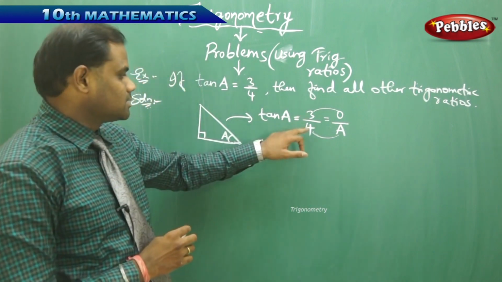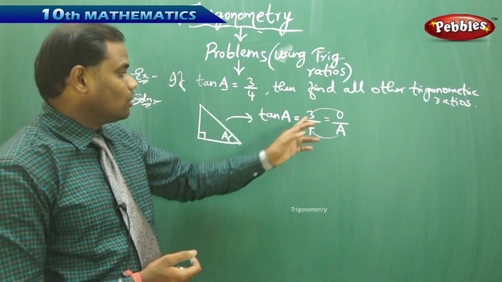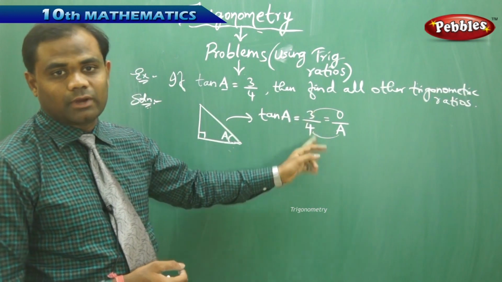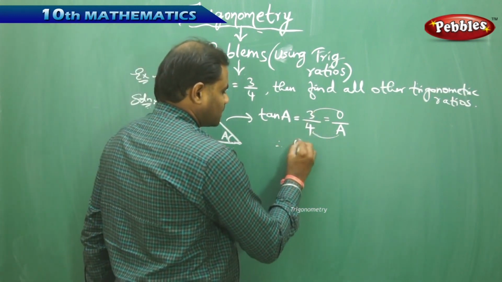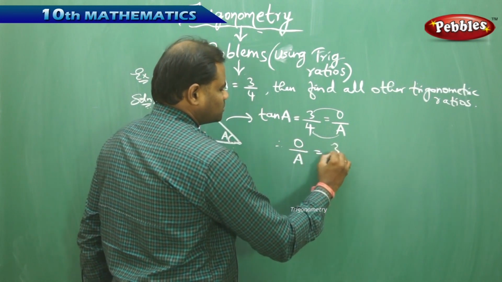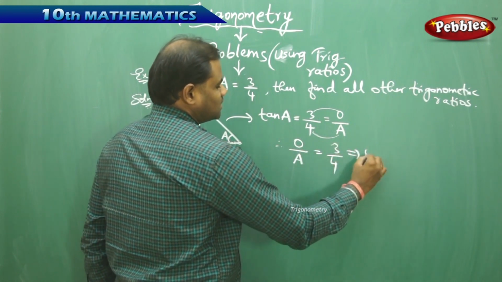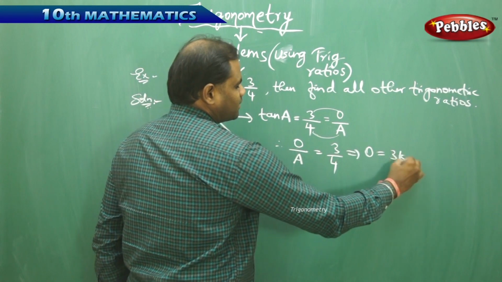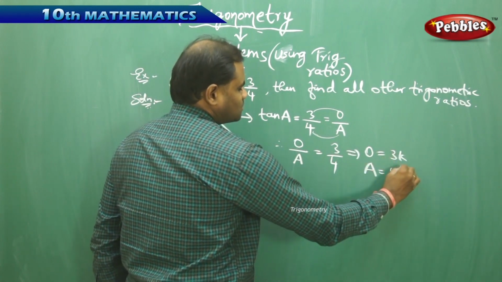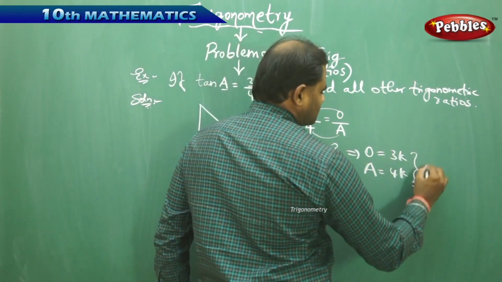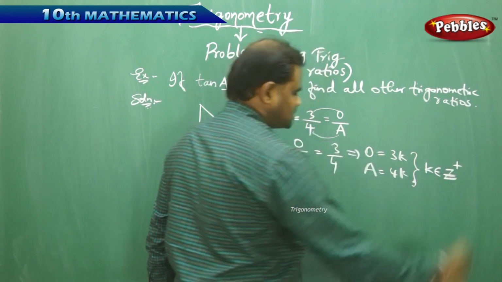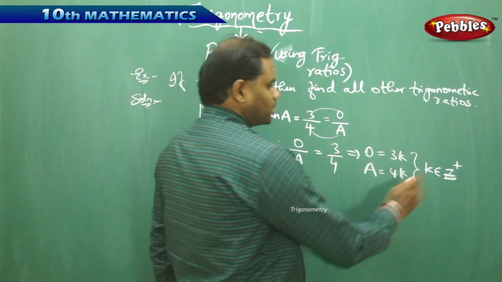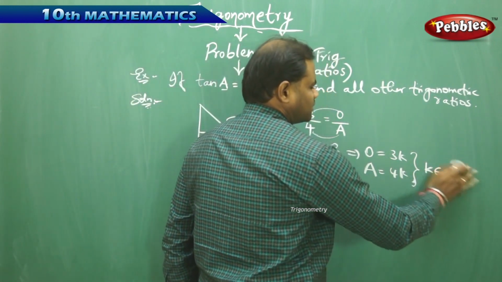But because this is in fraction form, I don't know what common multiple was divided out of both numerator and denominator. Therefore, opposite by adjacent equal to 3/4 implies my opposite side is 3k and my adjacent side is 4k, for k belonging to Z. Of course, it can be Z plus, but k can be negative too.